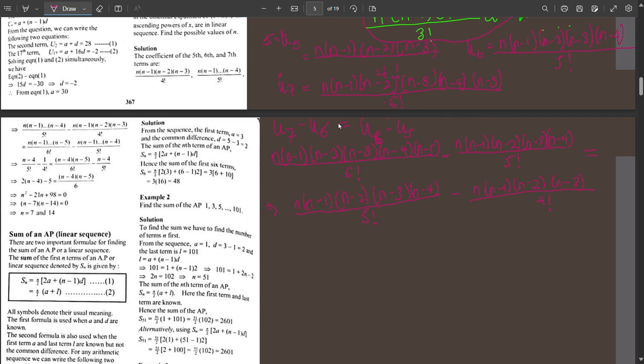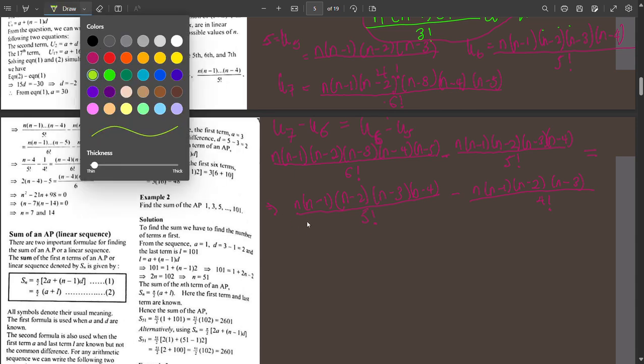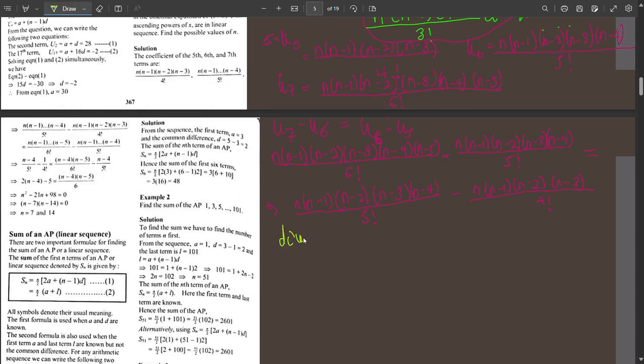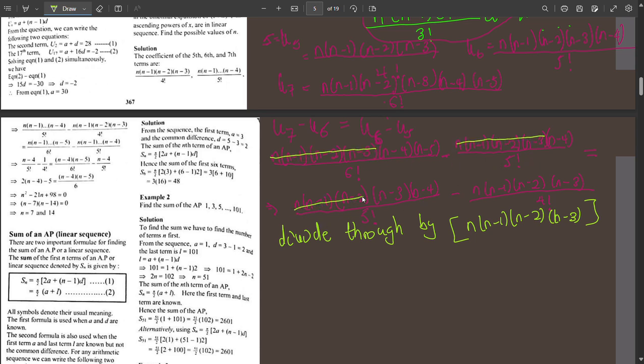Divide all the terms by this, one to both, this one to both, this one to both.